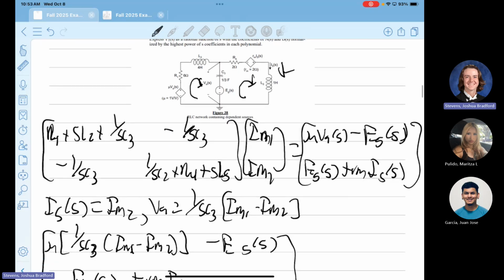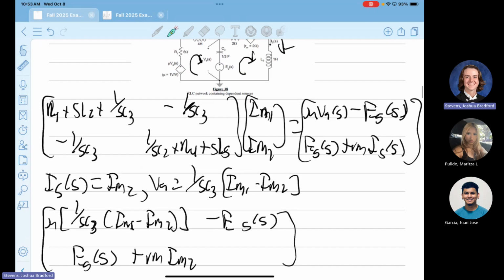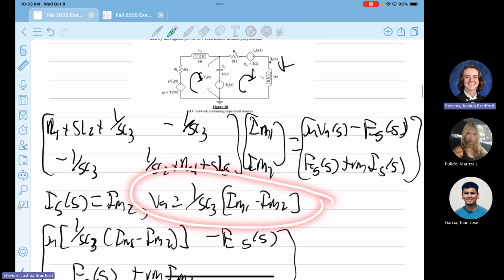So, technically, this is almost correct because it's the voltage on this node here, but we have to take into account the voltage of that source.